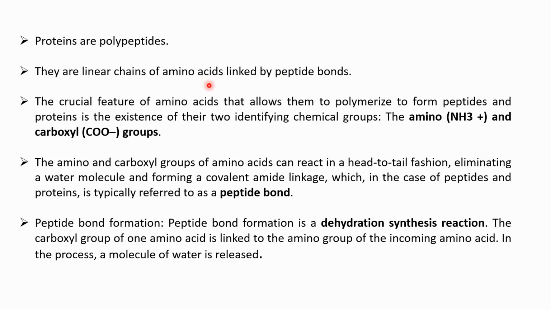The presence of the amino group and the carboxyl group in the amino acid allows the polymerization of amino acids, resulting in peptide bond formation and ultimately leading to the polymerization of amino acids into polypeptides or proteins. So the crucial feature of amino acids that allows them to polymerize to form peptides and proteins is the existence of their two identifying chemical groups, that is, the amino group NH3+ and the carboxyl group COO-.